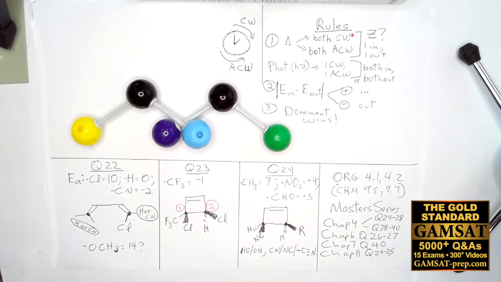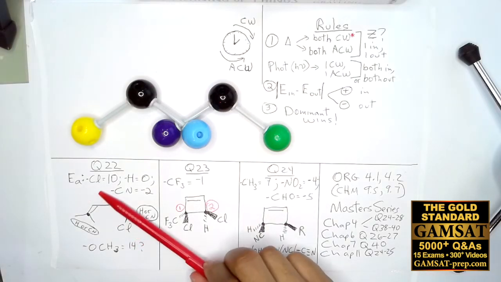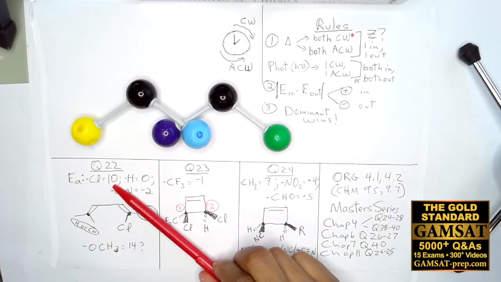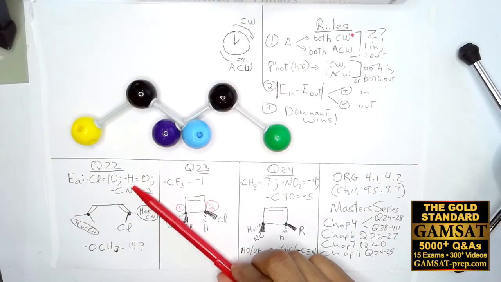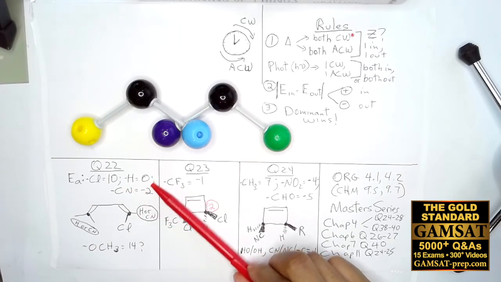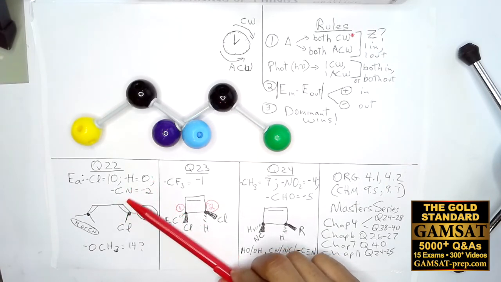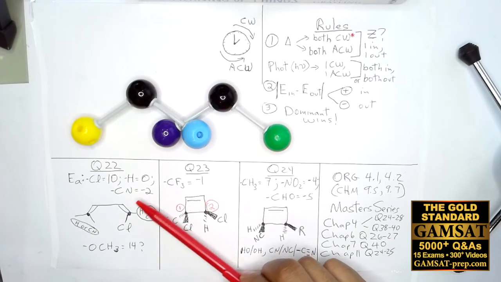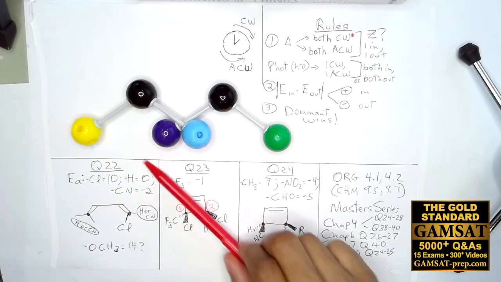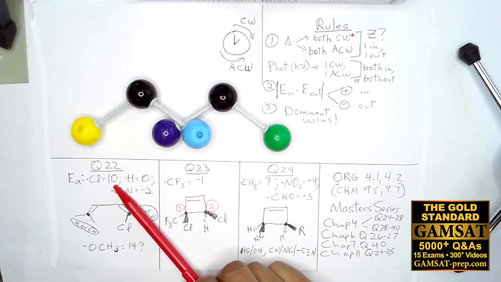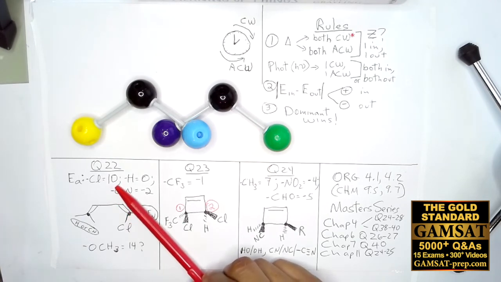For question 22, we have chlorine, which is +10, hydrogens, each 0, and the cyano group, which is -2. The highest number is 10, of course, but it's also the greatest magnitude.